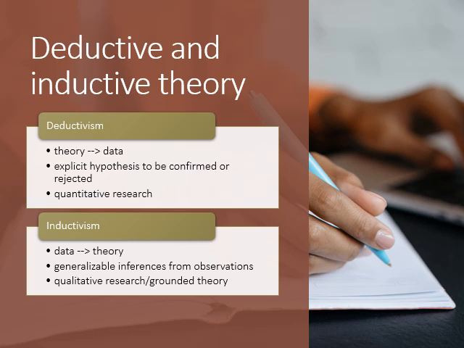Grounded theory is a common approach within this, where theories emerge from the data. So, an example might be a researcher observing classroom interactions might develop a theory about the role of peer support in learning based on detailed qualitative observations.